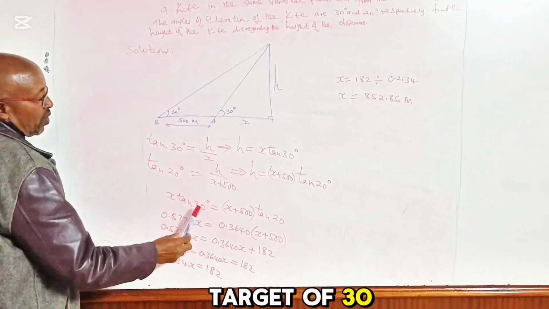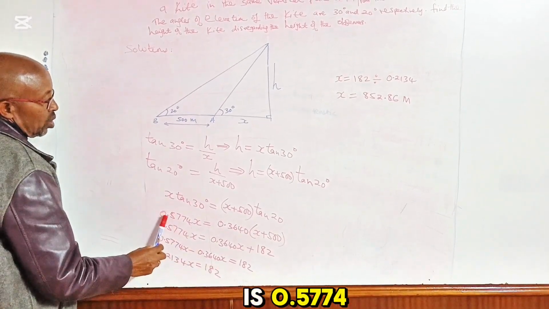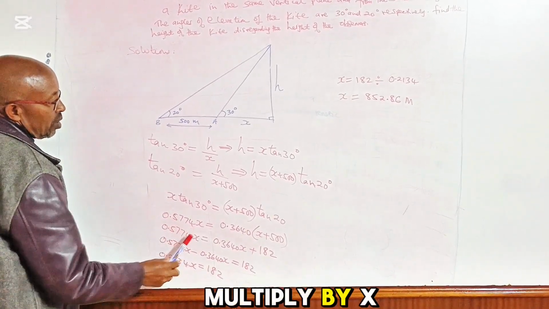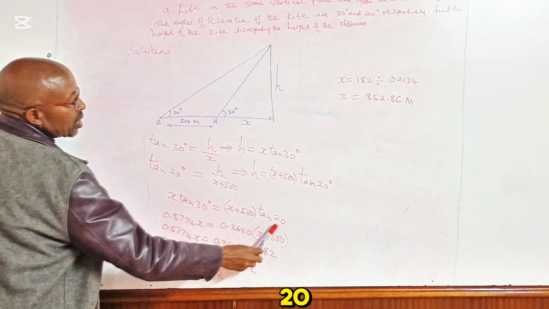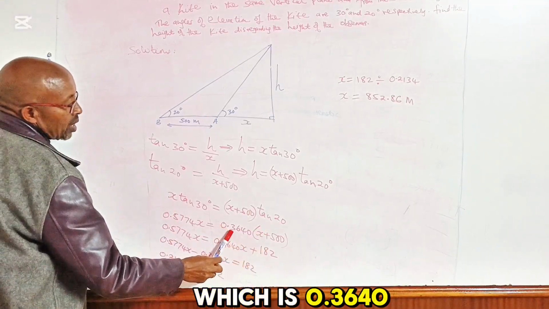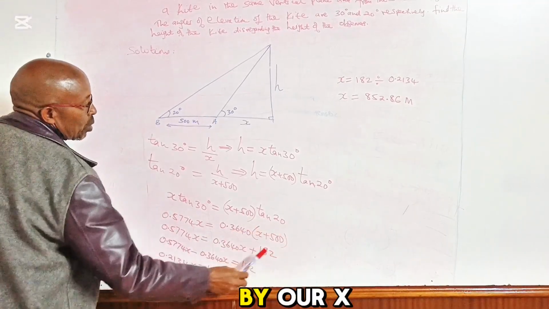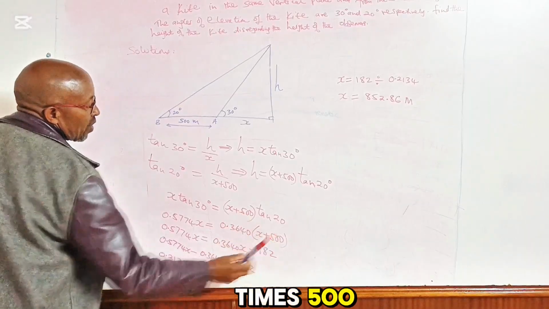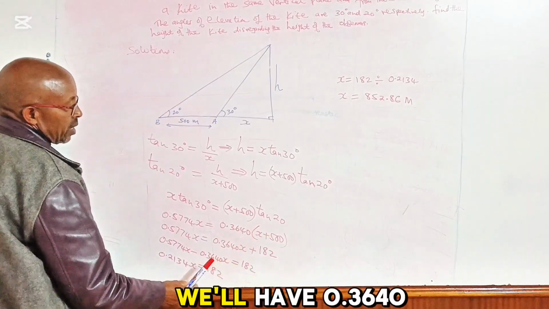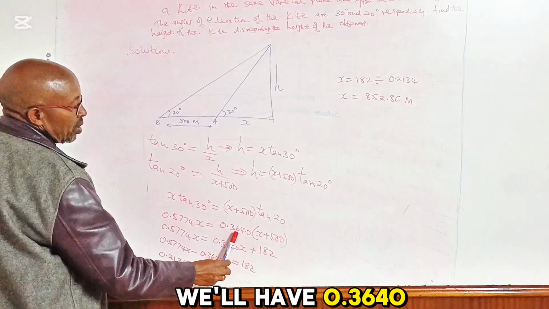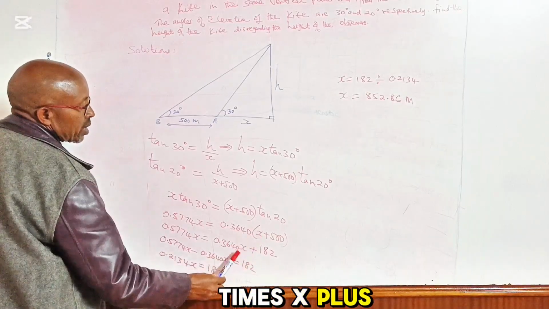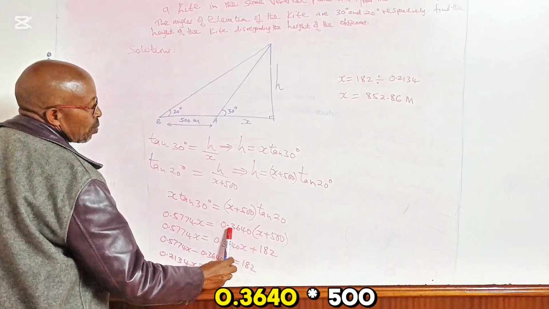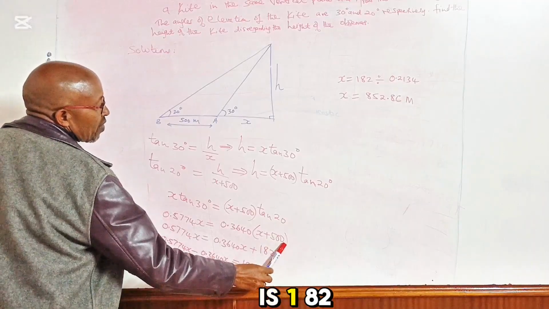Tangent of 30 from the tables is 0.5774, multiplied by x, is equal to the tangent of 20, which is 0.3640, multiplied by x plus 500. Opening the brackets, we have 0.3640 times x plus 0.3640 times 500, which is 182.